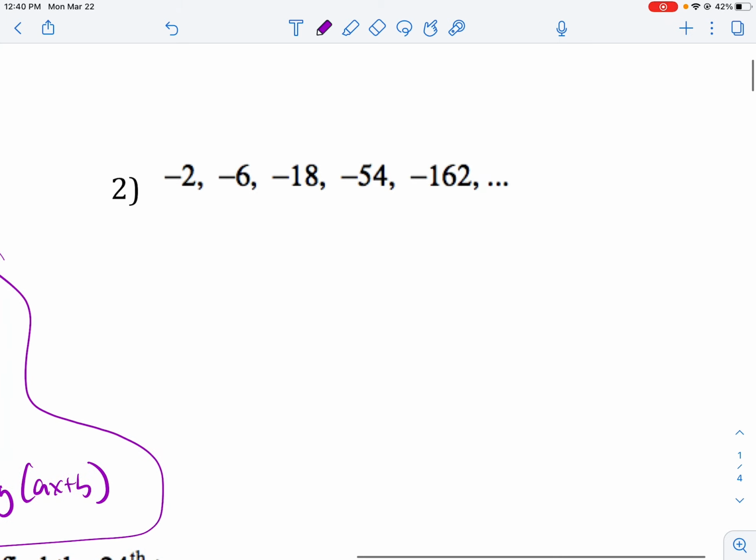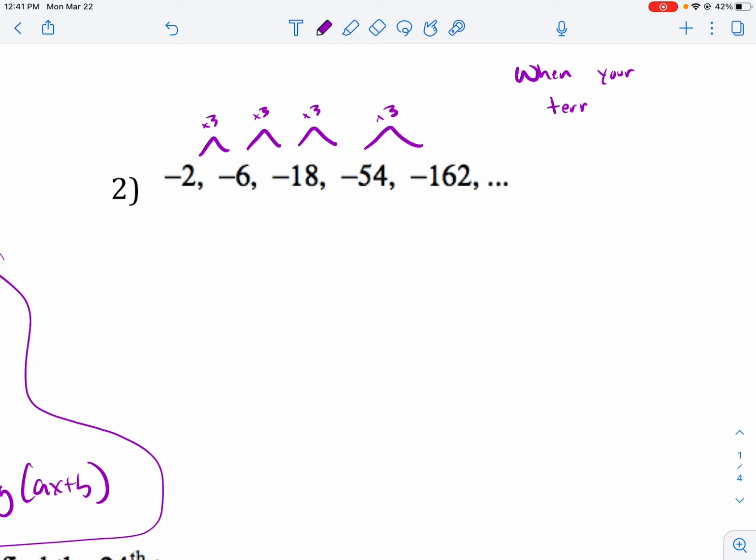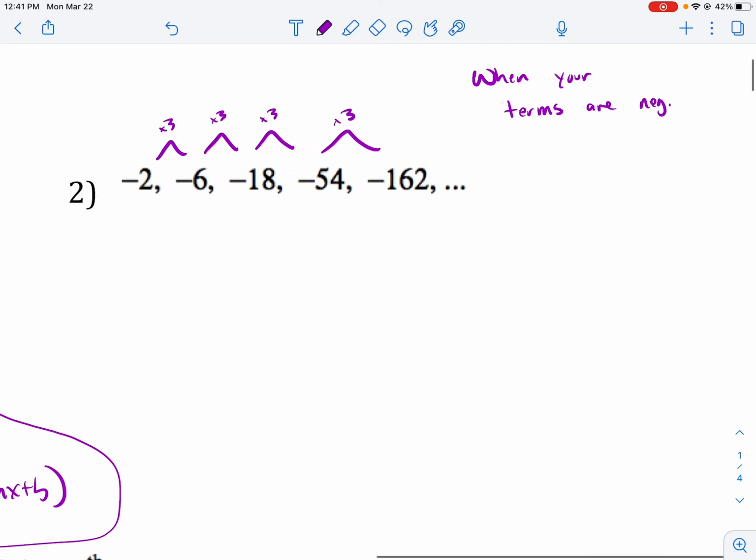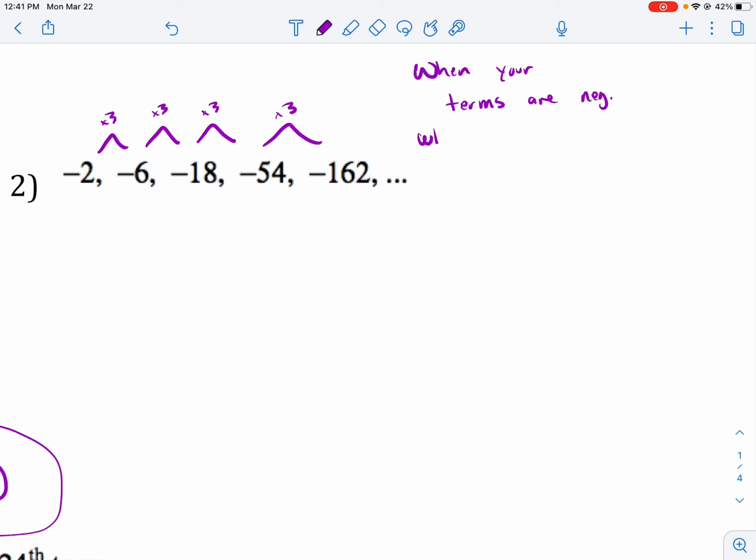Okay, so the next one. All right, looks like we are multiplying by 3 each time. Okay, it's important to point out that when your terms are negative, or when your r value is negative, okay?